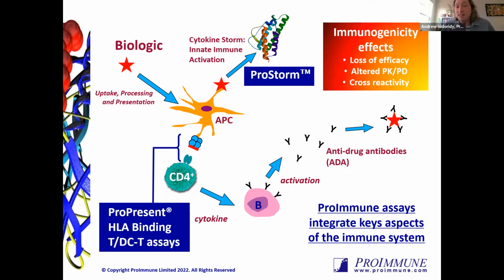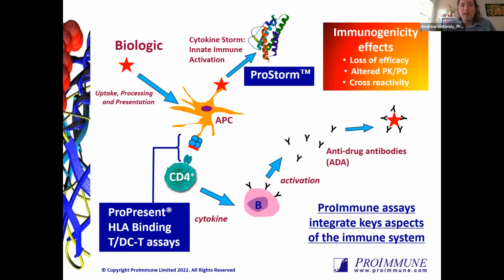This cell can either present peptides from the biologic on an MHC pathway, often MHC class 2, or that biologic can elicit a cytokine storm and an innate immune activation directly. We have an assay called ProStorm that allows us to evaluate that unwanted immune effect.